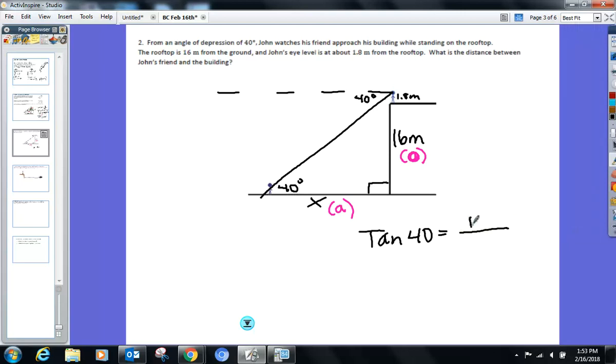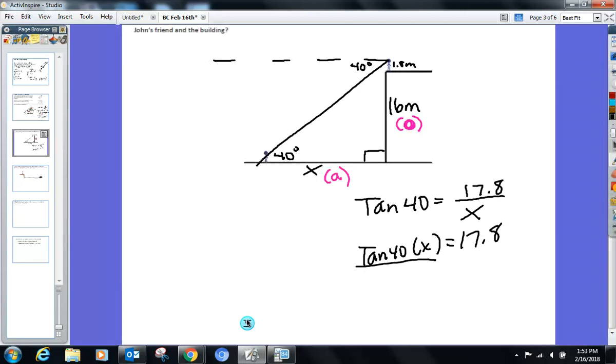It's the full side here, so 17.8 over x. 21.2 meters. Got it.